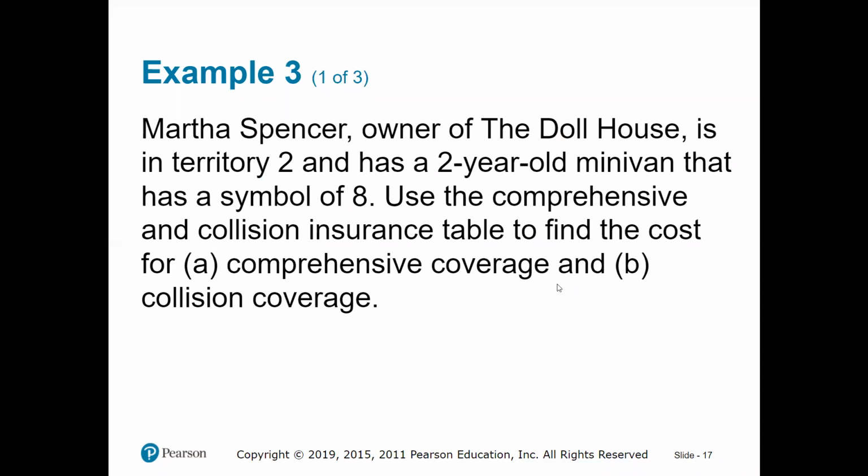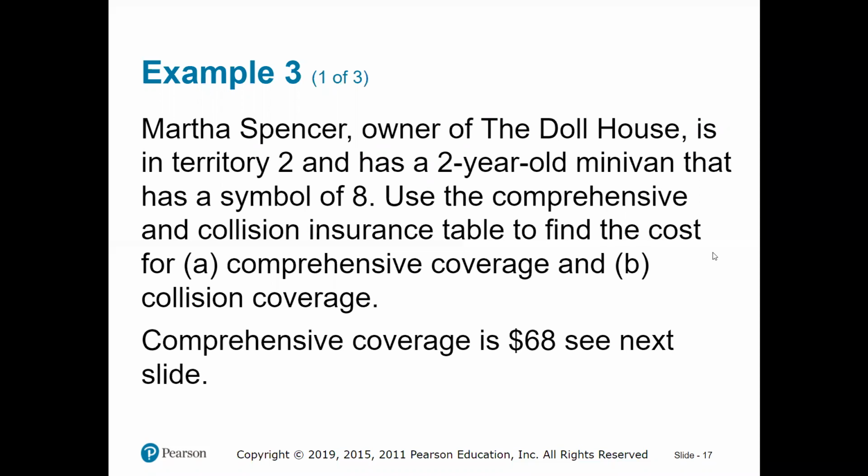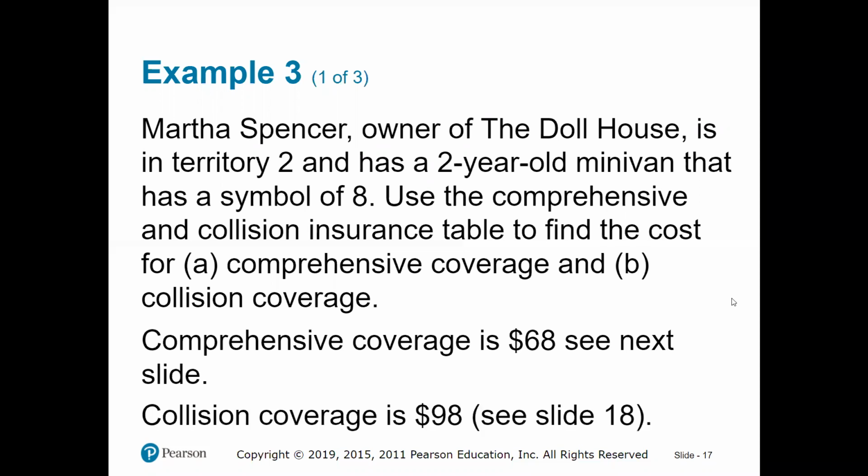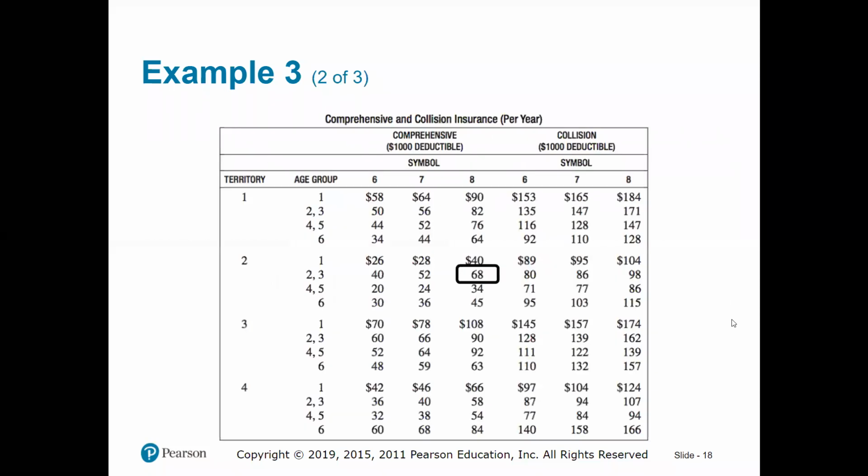All right, once again, Martha Spencer is the owner of the dollhouse. It's in Territory 2, has a 2-year-old minivan that has a symbol of 8. Use the comprehensive and collision insurance table to find the cost for comprehensive coverage and collision coverage. Comprehensive coverage is $68, see in the next slide. Collision is $98, again, see the next slide.